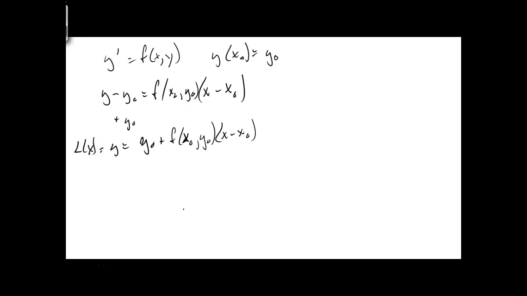Now what you do is plug in your x0, y0, which we know, and the slope at x0, y0, which you know from your differential equation. So plug that in.